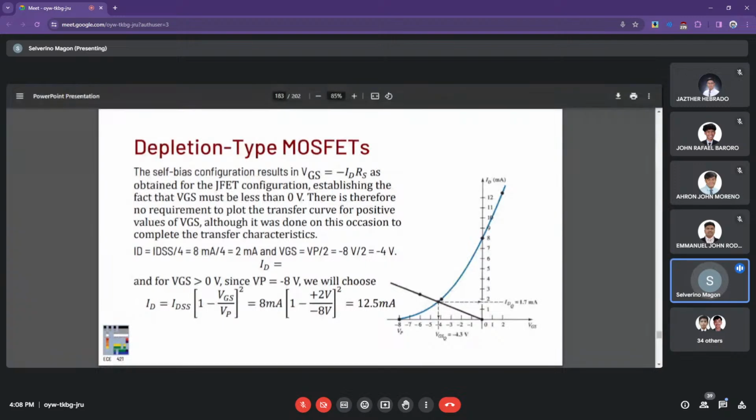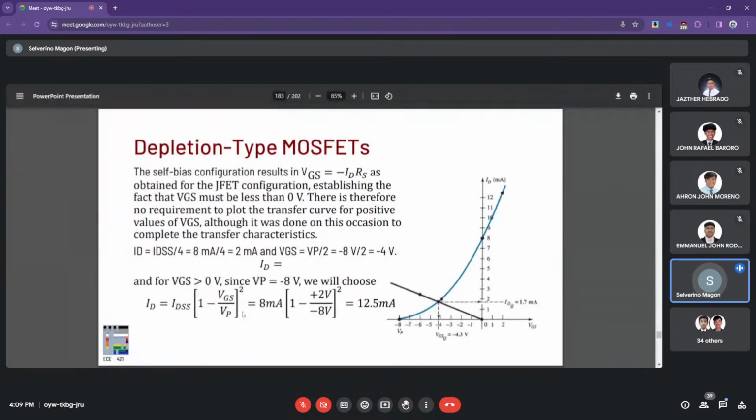So assuming values of drain currents for the quarter case, we have 8 milliamps divided by 2, and then we have 2 milliamps. In the case of half voltage of VGS, we have negative 4 volts. So this sort of gives us the drain current and the VGS at that point.